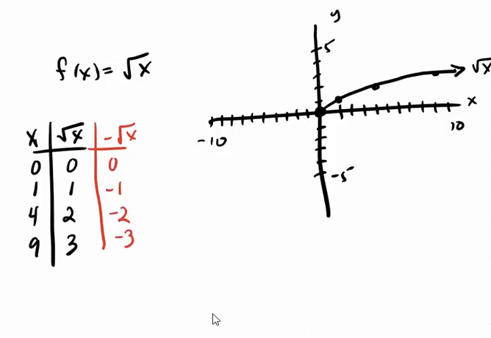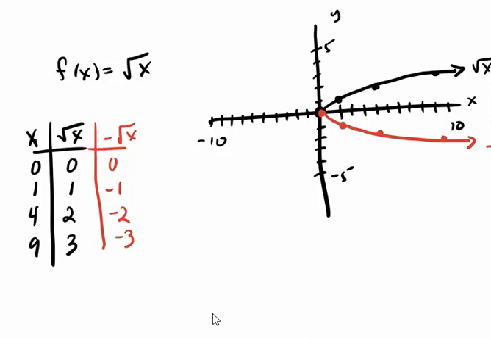By doing negative 1 times the square root of x, I'm literally changing the sign of the y values, and we get a reflection across the x-axis. Together, the square root of x and the negative square root of x make a sideways parabola. Together, they would be the full inverse of x squared.